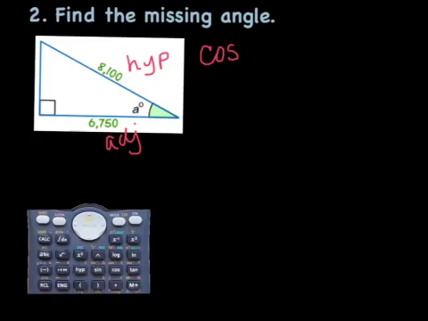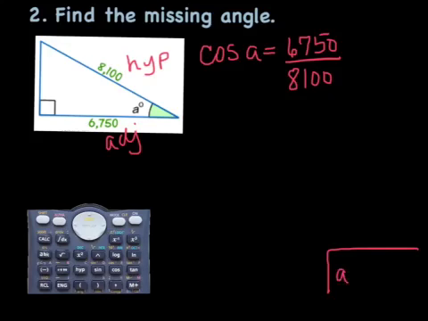So cosine of angle A would be adjacent, which is 6750, over hypotenuse, 8100. So we're looking for angle A. Let me go ahead and put a spot for my answer down here. A equals.